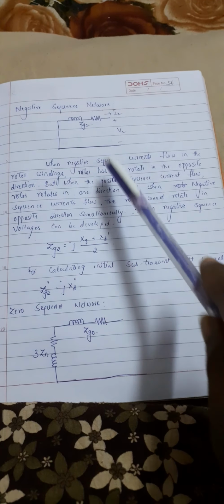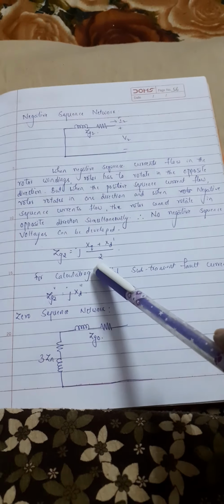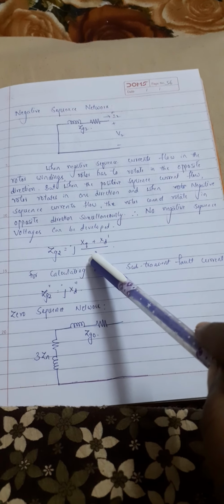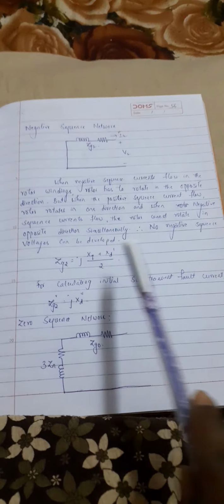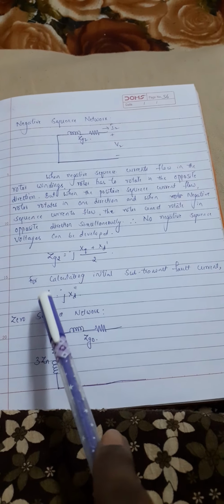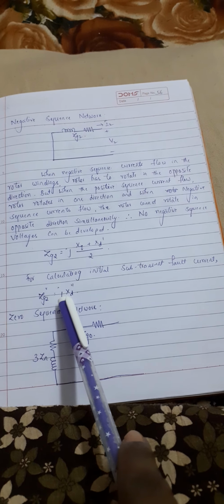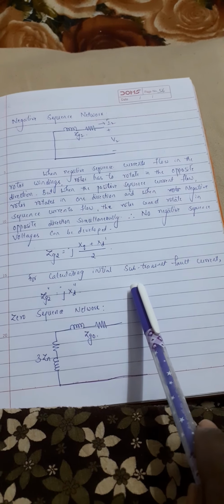Okay, and the impedance ZG2 is nothing but the average of the quadrature and direct axis reactance. And when there is a subtransient fault current, this generator impedance in the negative sequence network is given by j times Xd double dash.